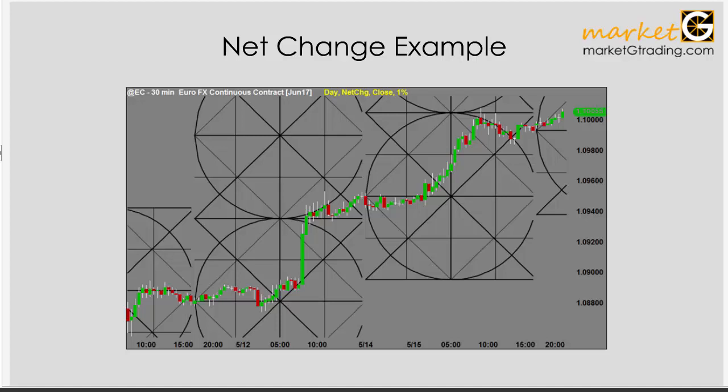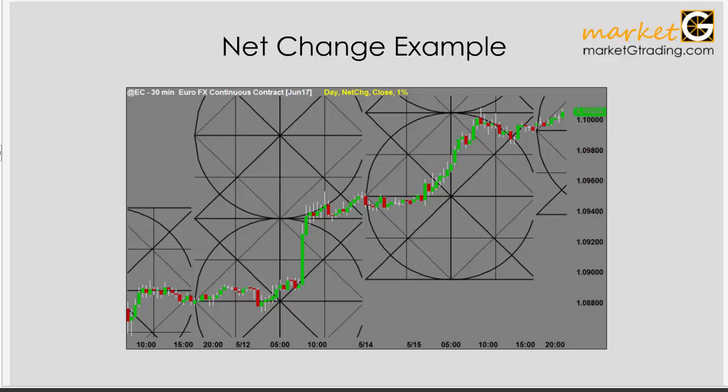This is a net change chart. There are different ways you can do net change. You can do it based on the range, or you can do it based on a fixed number. Say you wanted to mark it when the Dow went up 100 points for the day or 50 points for the day. But this one is a percent change model.